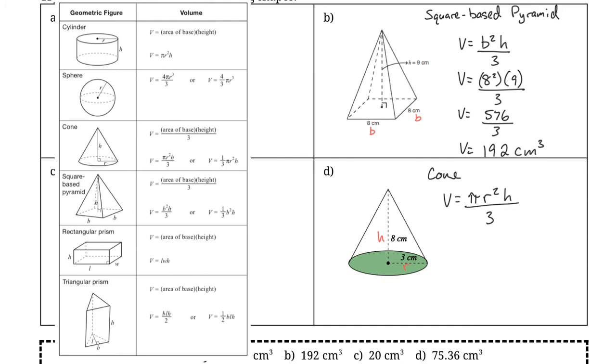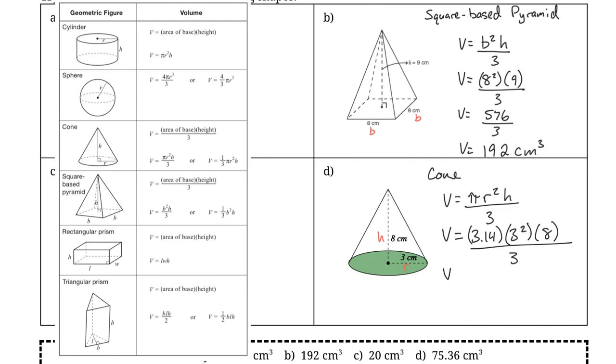So we can just plug those numbers into our formula. So that's going to be 3.14 times 3 squared times 8, and that will all be divided by 3. And don't forget, when you're calculating this, 3 squared just means 3 times 3. It's not 3 times 2.